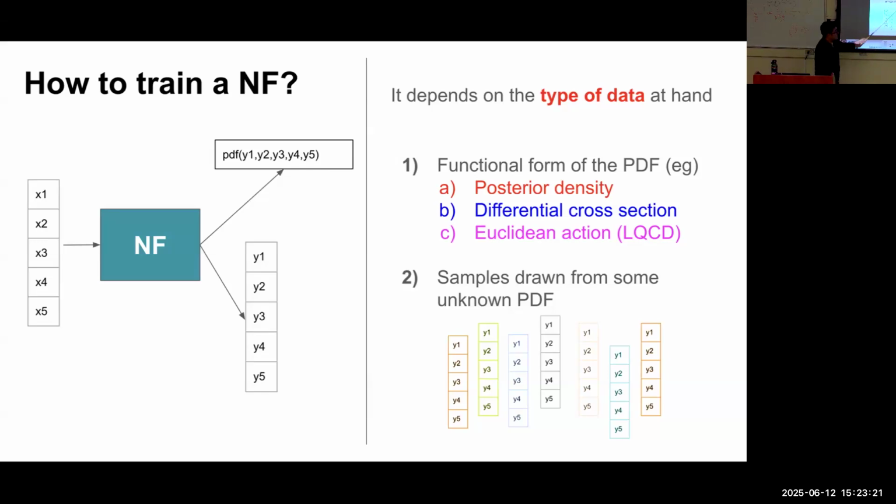So in this case, I don't have a PDF. I know that these samples were drawn from some underlying PDF, but I don't have the PDF. And I will argue that you can still train a normalizing flow on the samples themselves.